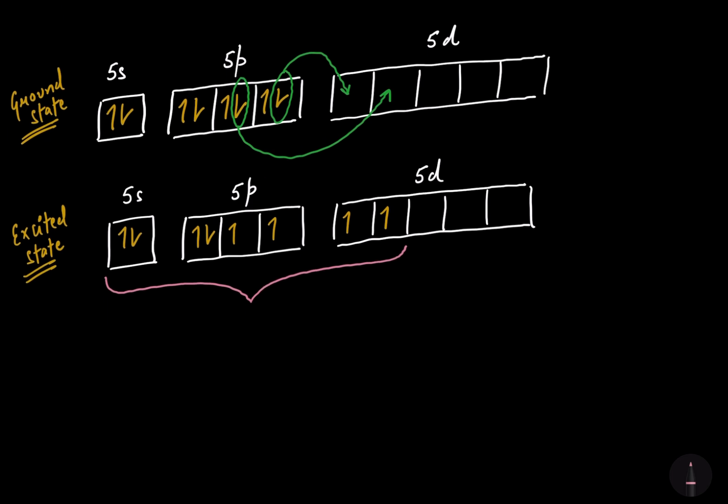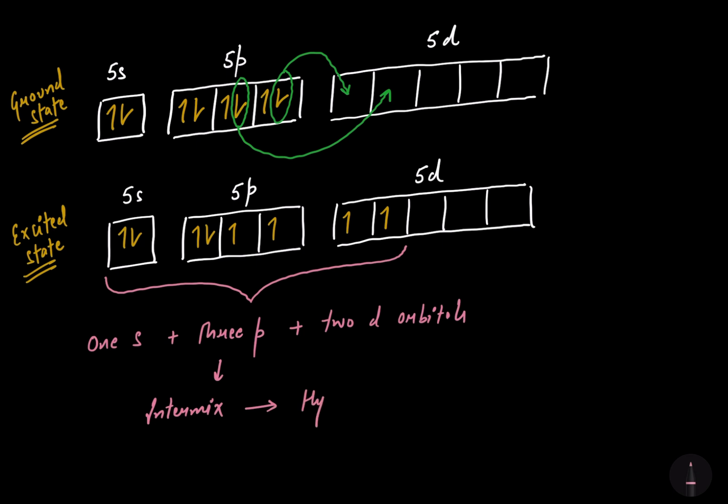I am writing 1 s orbital, 3 p orbitals and 2 d orbitals will intermix with each other. The intermixing of atomic orbitals is actually called the hybridization process.